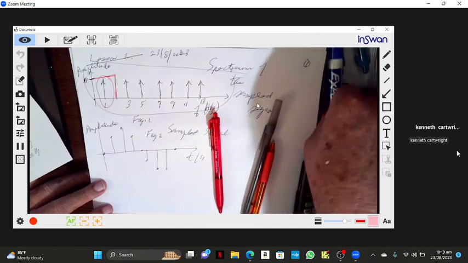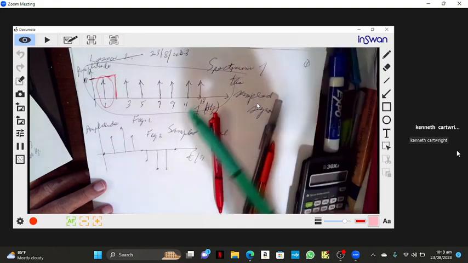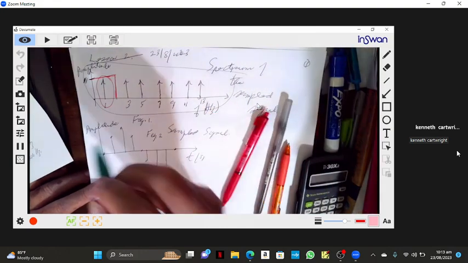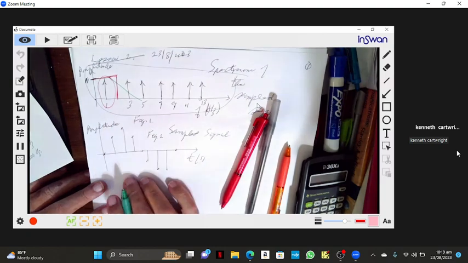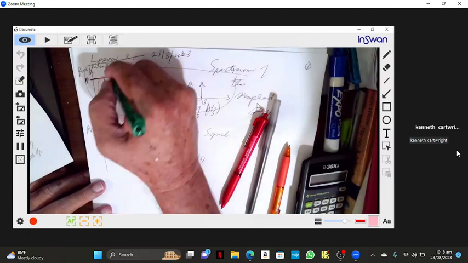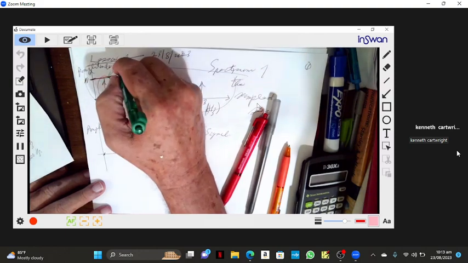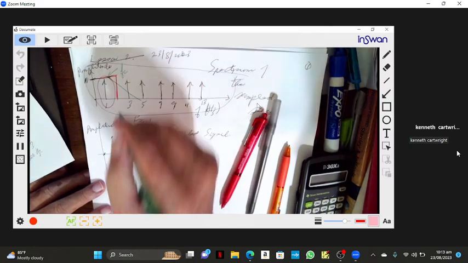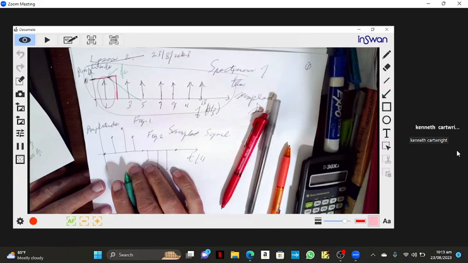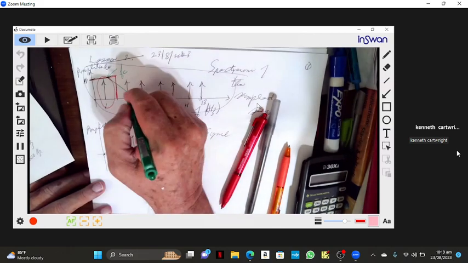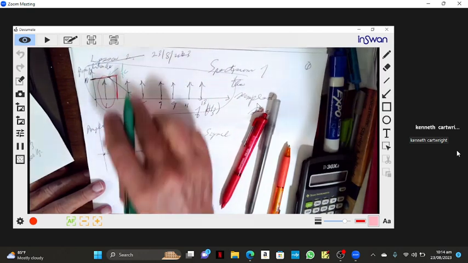So in the real world, we have to deal with a filter that's doing that. This would be the cutoff frequency of the filter. And you see, we would be stopping the 3K by this much.